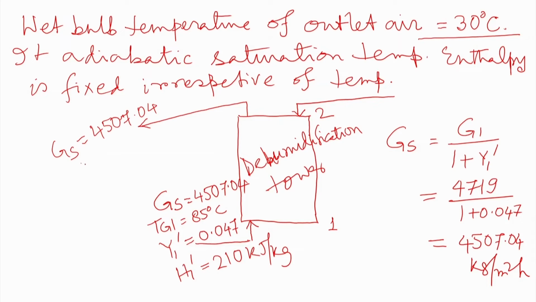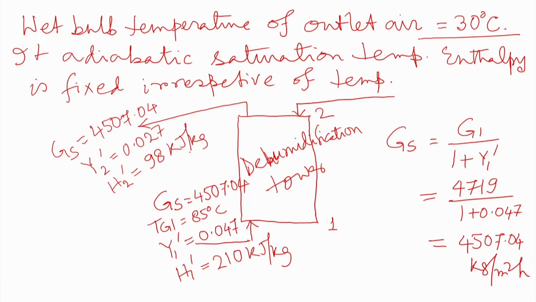Since the wet bulb temperature is fixed at 30 degree Celsius, Y2 prime will become 0.027, and H2 prime becomes 98 kilojoule per kg.